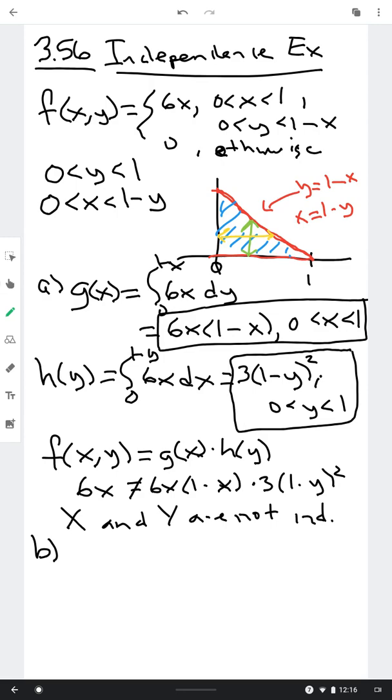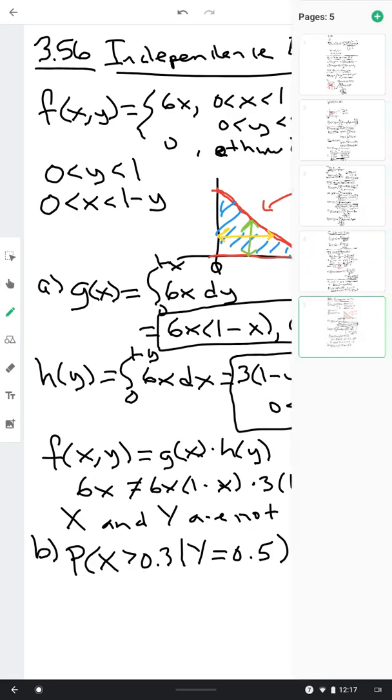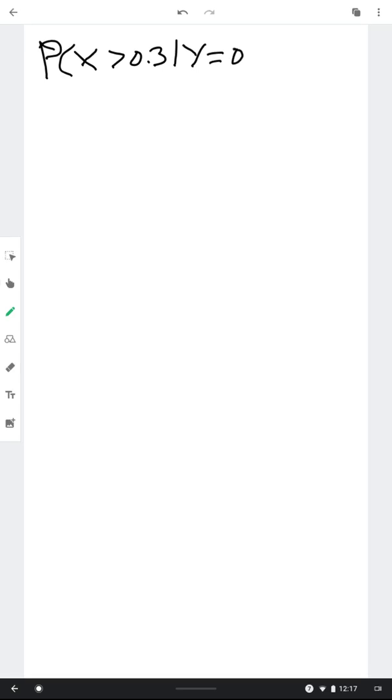But let's keep going. So what's the probability that X is greater than 0.3 given Y is equal to 0.5? This is probably a better idea for me to do on a different sheet. So the probability X is greater than 0.3 given Y is equal to 0.5, right?